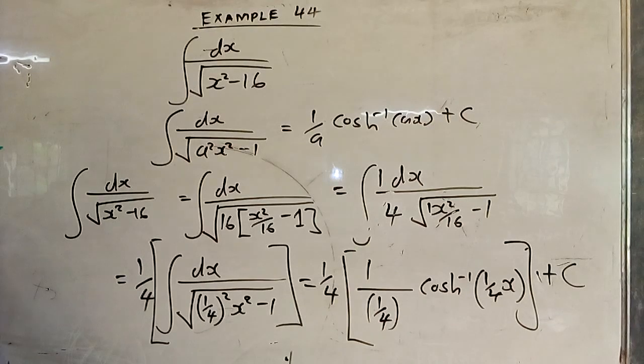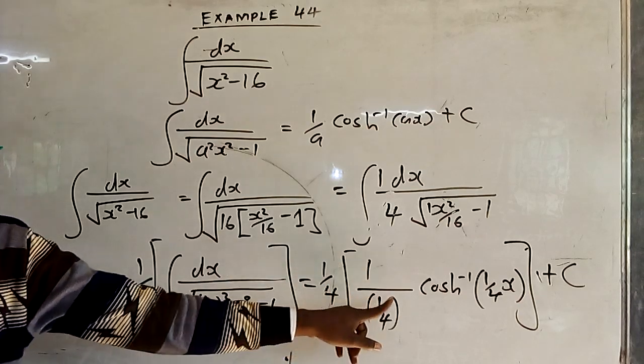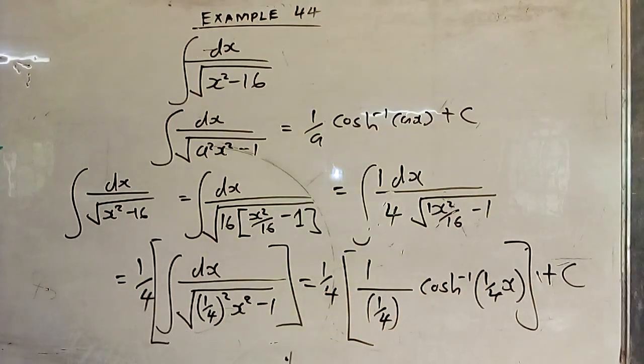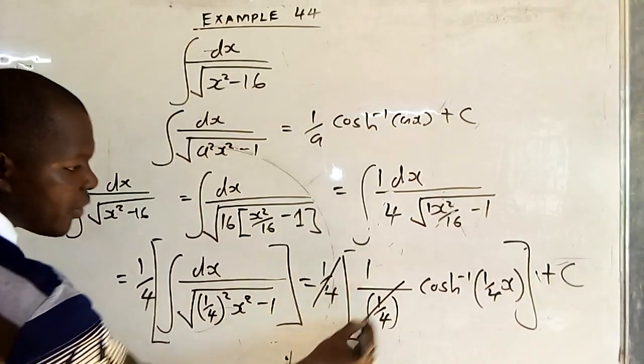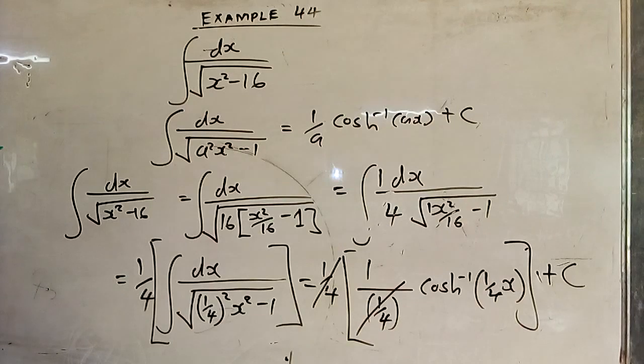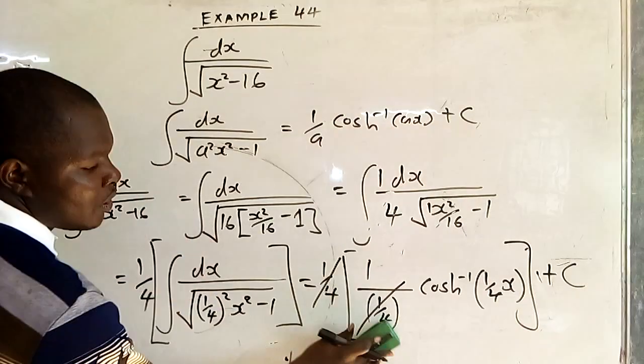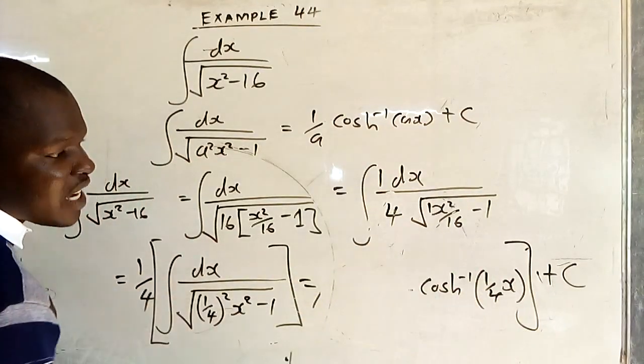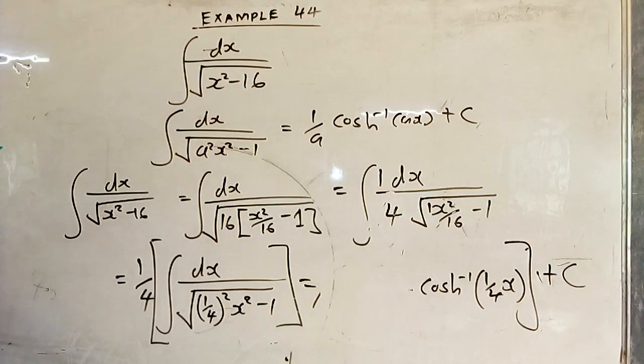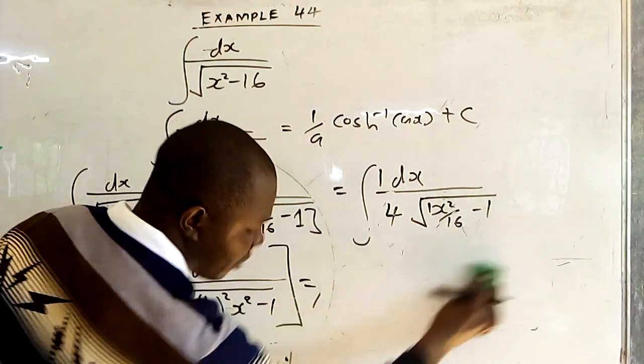So what do you get there to be the answer? Yes. So you can see 1 over 4 cancels out with this 1 over 4, isn't it? A quarter cancels out with that. So what do you remain with as the final answer? This one will go with that, so you'll remain with cos inverse of 1 over 4x plus c.